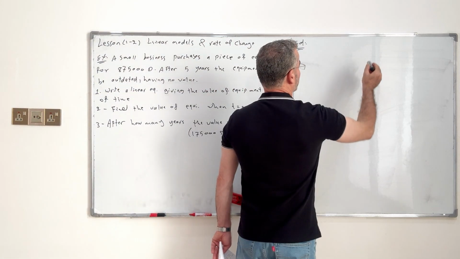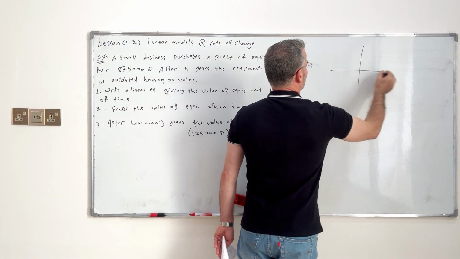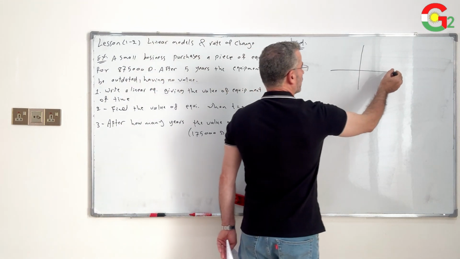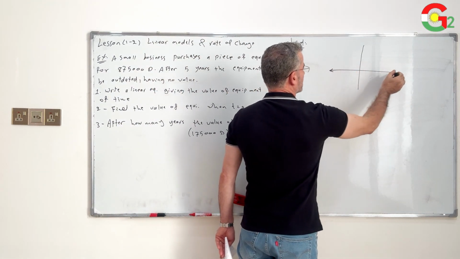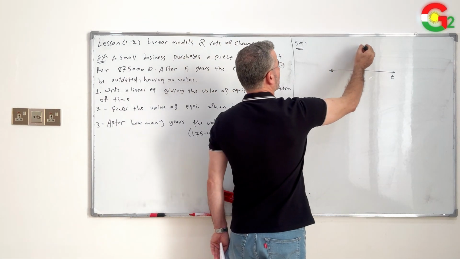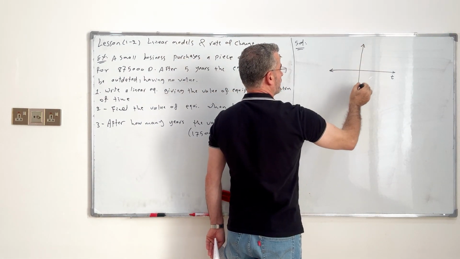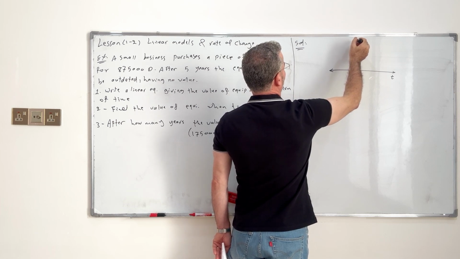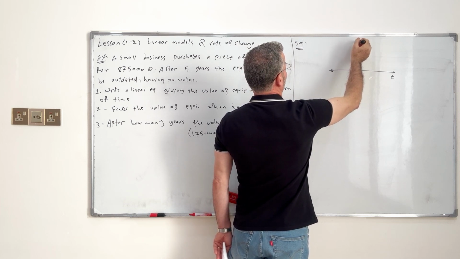Let me sketch the graph of this problem. The horizontal axis, I set it for the time, and the vertical line for the value of equipment, the cost of equipment.